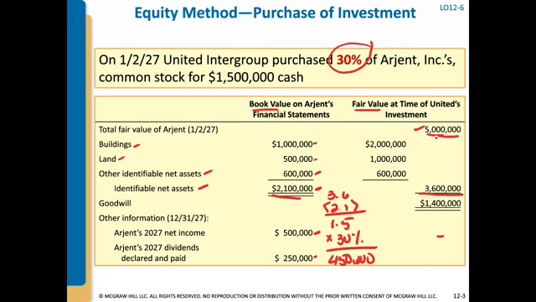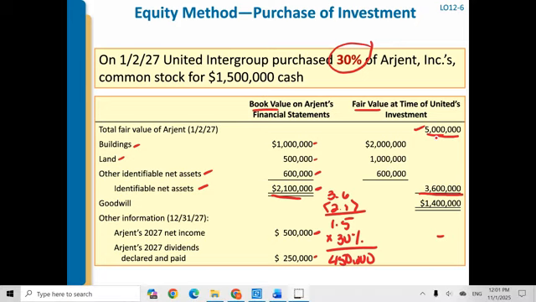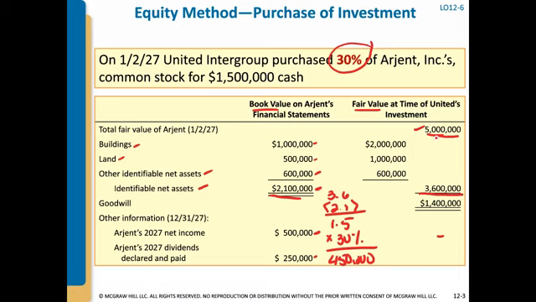What we have to do when an investor buys stock in another company using the equity method and pays more than the book value of the underlying net assets acquired is approximate the effects as if we were consolidating the two entities without actually consolidating them.